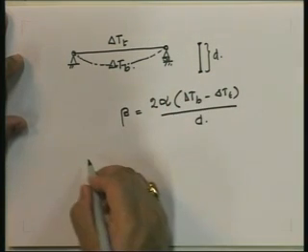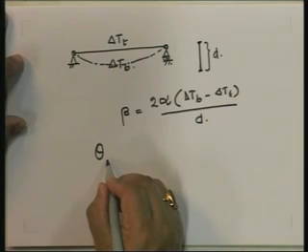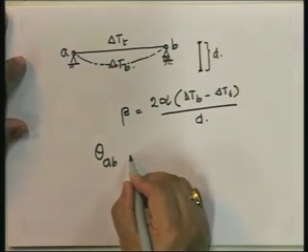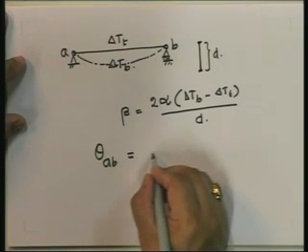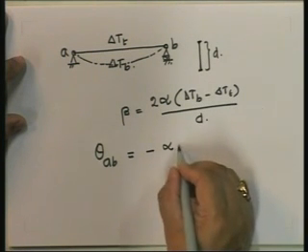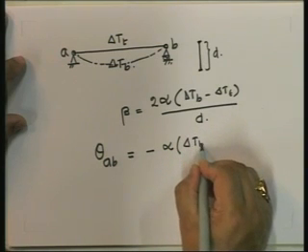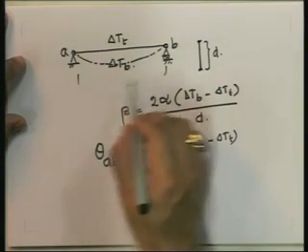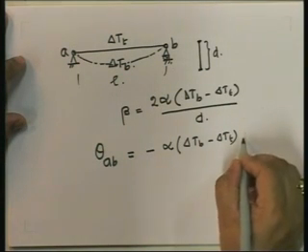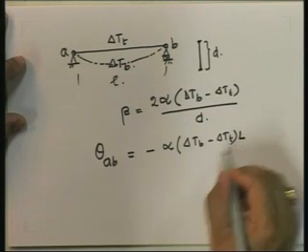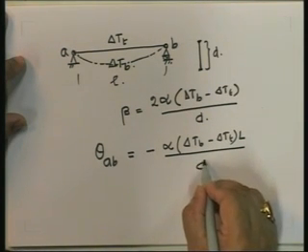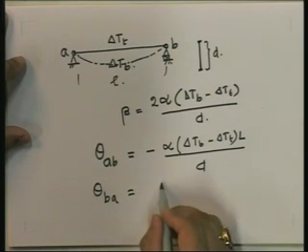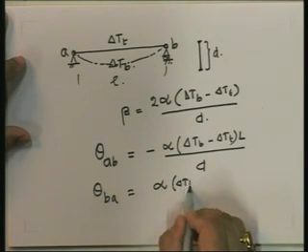due to this curvature, you're going to have a theta AB and theta BA. This is A, this is B. Theta AB is equal to minus alpha, now this is length L, so it's going to be alpha L upon d, and theta BA is equal to alpha L upon d.